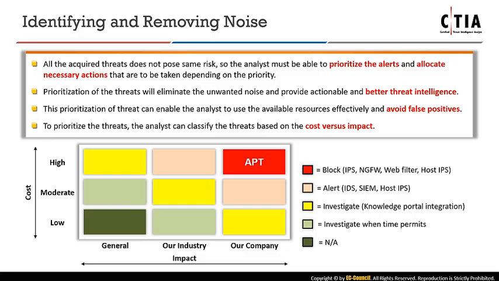And that prioritization of threats can help you or I, the analyst, to use our resources effectively and avoid false positives. One of the things we need to always keep in mind is our resources are limited.